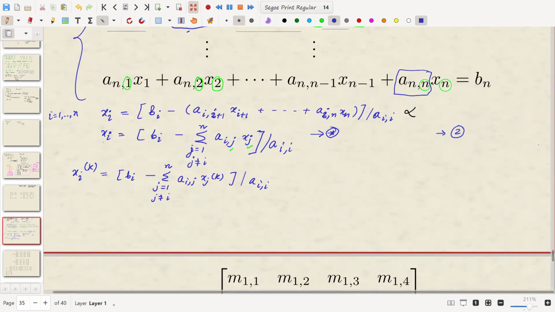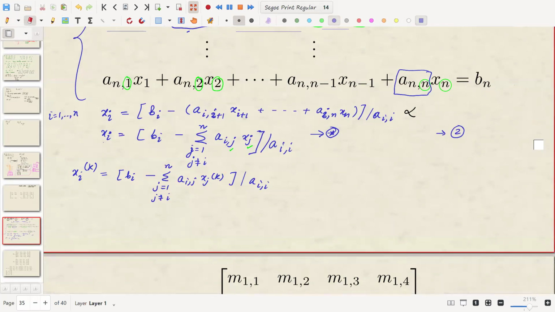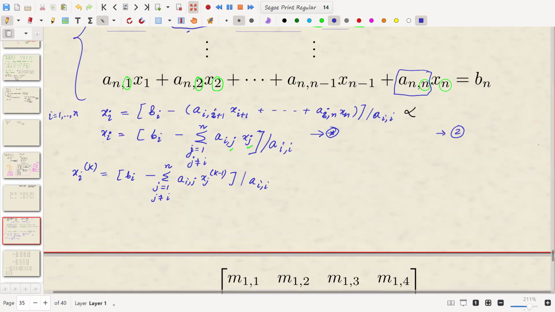Sorry, I made a mistake. This one you don't know yet, so it should be your past. Can you see now? Your future, that is the kth iteration step, is coming from the past step, k minus 1.